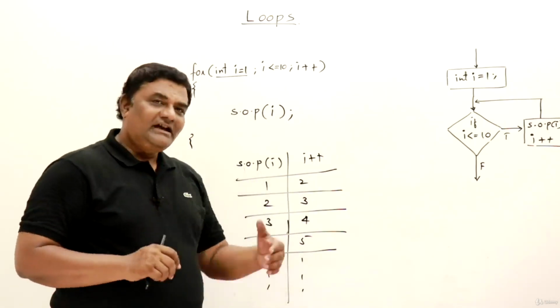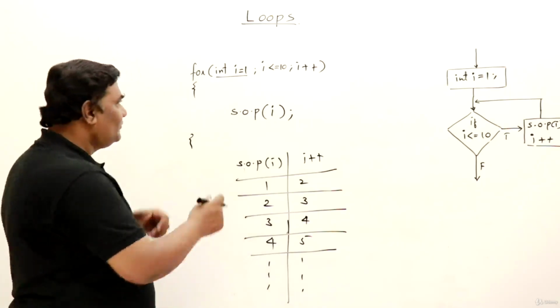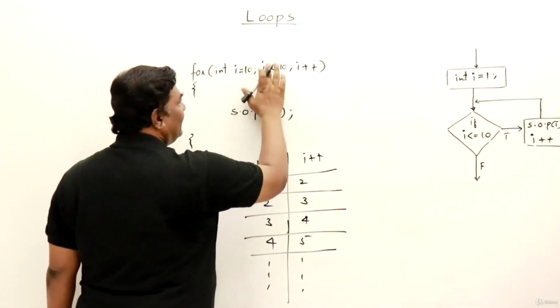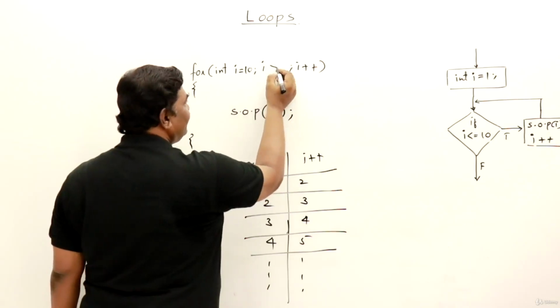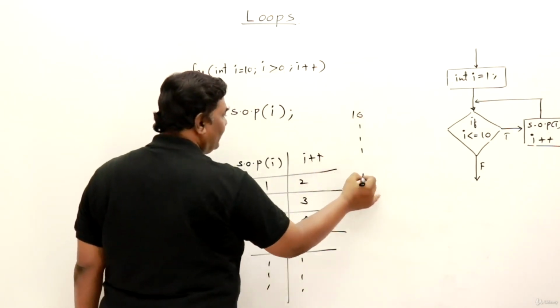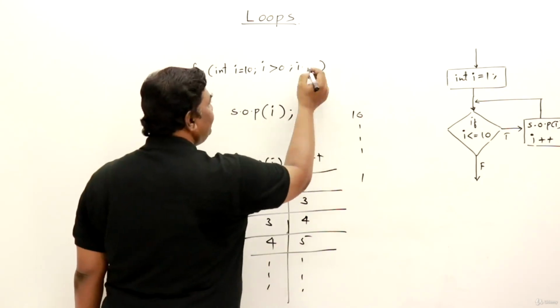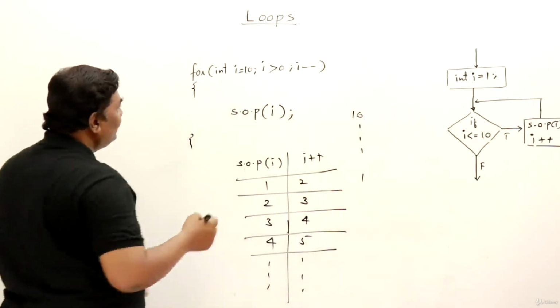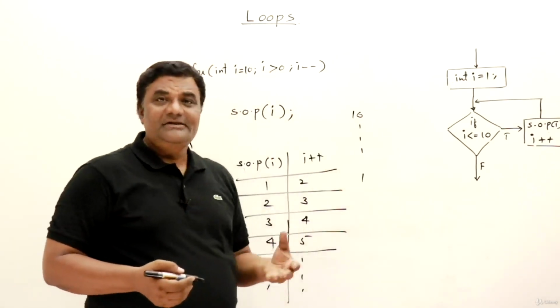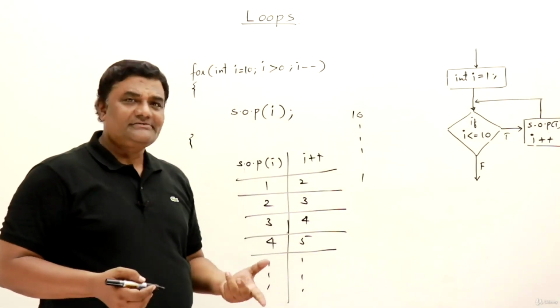Now one more thing, can we write it in another way? Suppose I want to start from 10 and continue as long as i is greater than 0, printing the numbers from 10 to 1. So i should be decremented. Initialization can be anything and the updation can be anything. Updation doesn't mean only i++, it can even be i--.